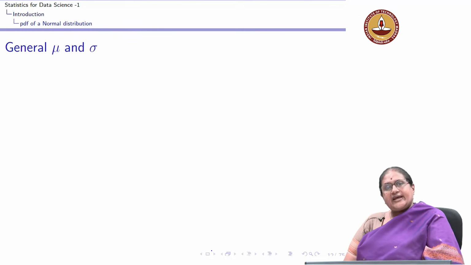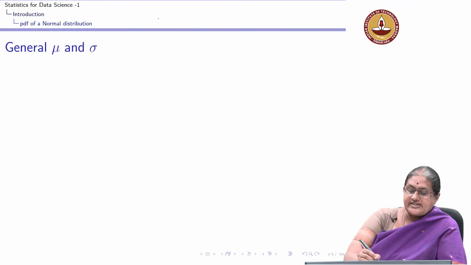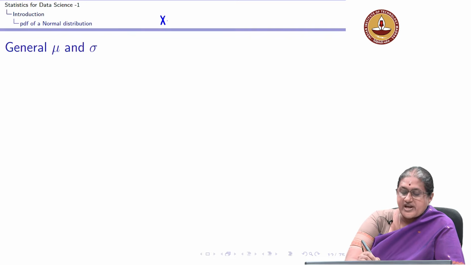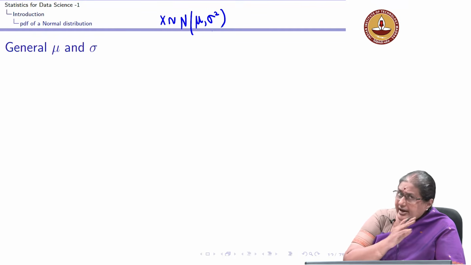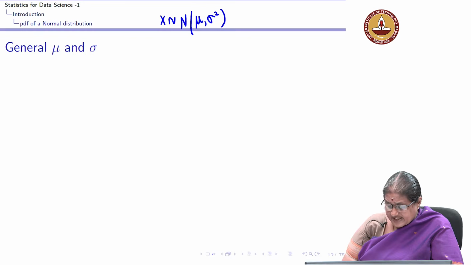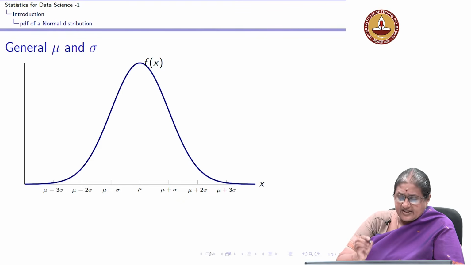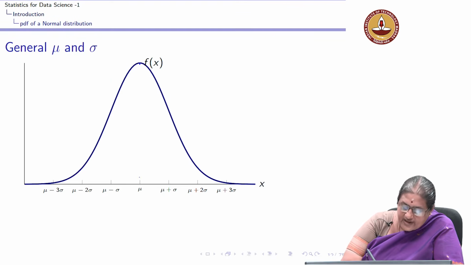So, for any general mu and sigma, if I state that x is a normal variable with mean mu and variance sigma square, where any mu and sigma is given, we can see that x is always symmetric around its mean.